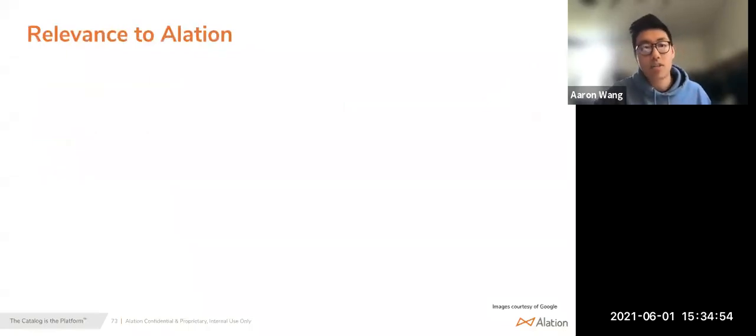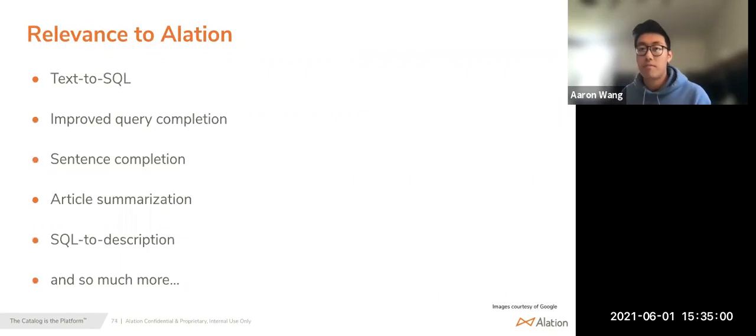Yeah, and so our last thing is relevance to Alation. Of course, the potential of transformers is endless, and there are plenty of tasks that we can use transformers to solve at Alation. Just briefly, I know Aaron's familiar with Text-to-SQL.